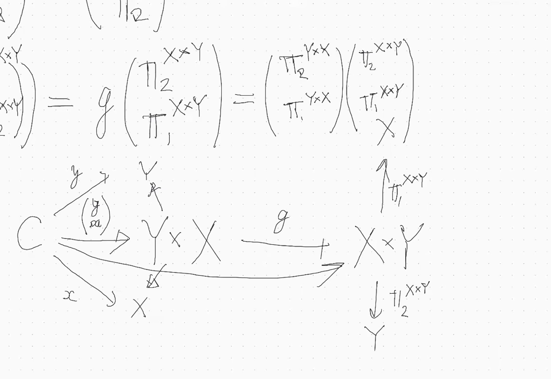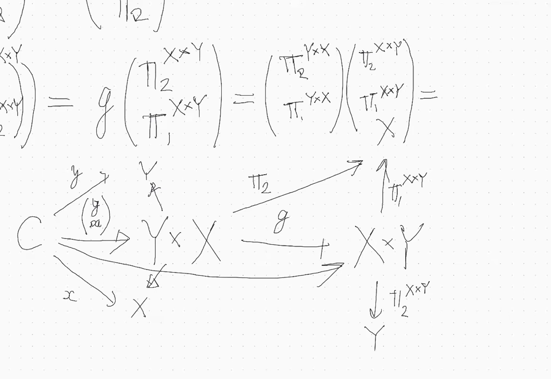So if I compose this thing further with pi1, G composed with pi1 is going to give me pi2, right? And pi2 composed with yx. So this is going to be pi2 of y cross x.